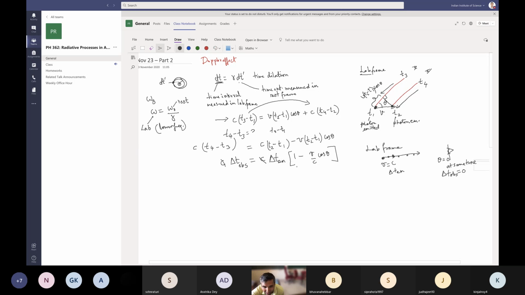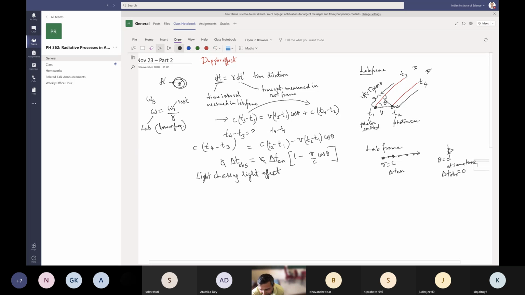The interval between the photons that are observed is much shorter than the interval between the photons that are emitted. Okay, this is called the light chasing light effect. Do you see why I'm calling it light chasing light?